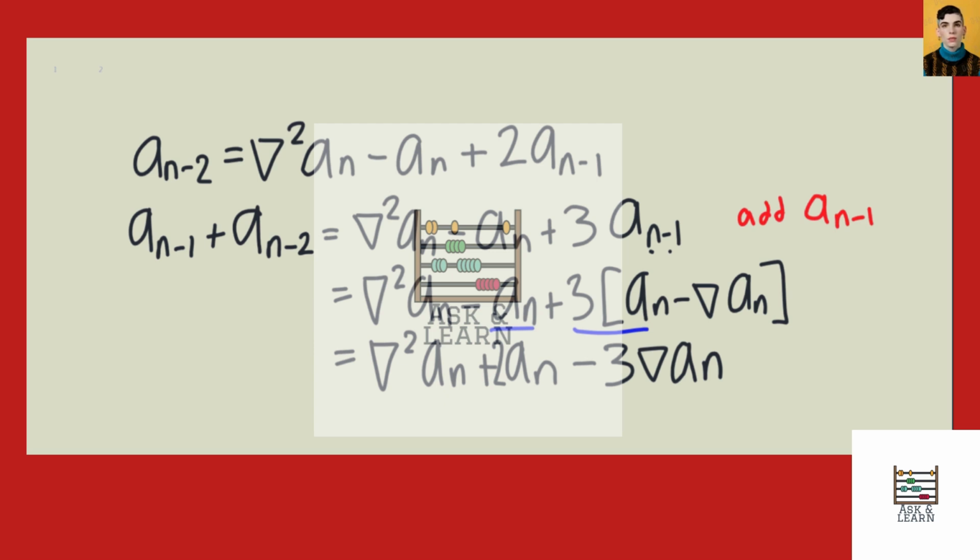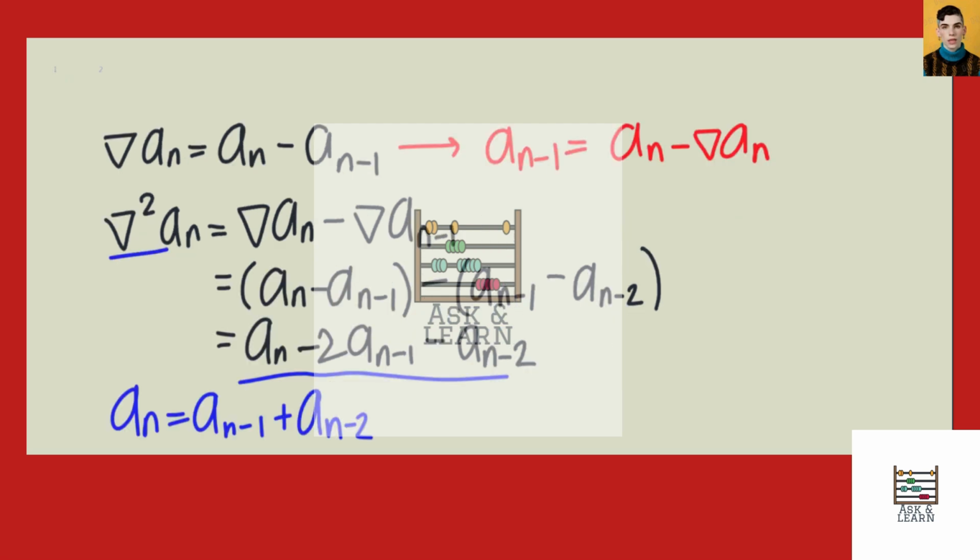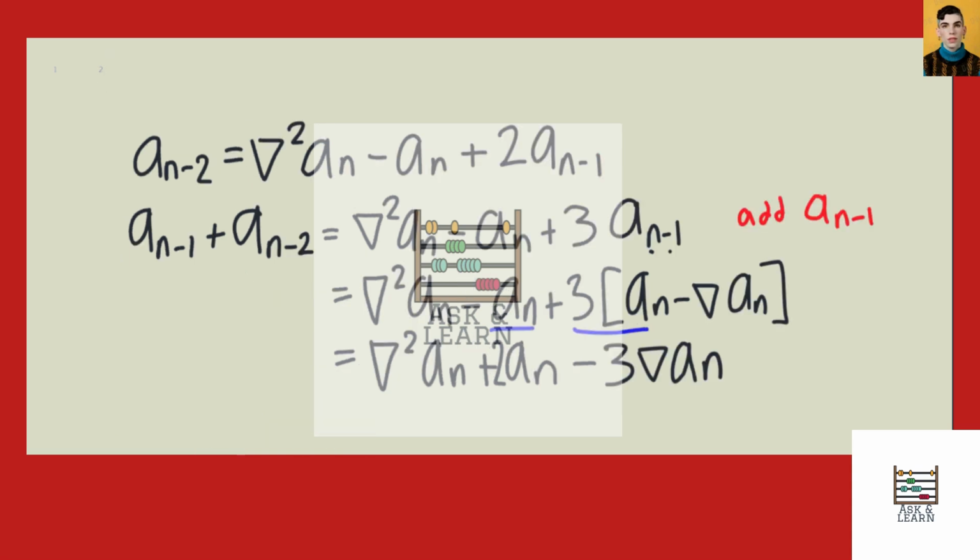Okay, and recall our first formula was to show that a_n equals a_n minus 1 plus a_n minus 2, which is what I have here. But to rewrite that in terms of the backwards differences, right, which we have here.